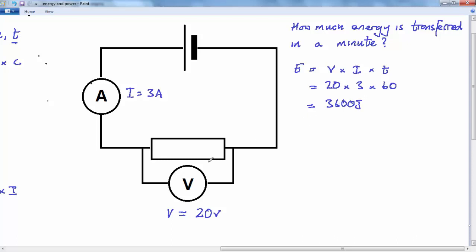Okay, if we want to work out the power consumed by the resistance, that's to say the rate at which energy is being transferred or transformed by this resistor, well, the power is equal to energy divided by time, which is equal to V times I, which is equal to 20 times 3, which is equal to 60 joules per second, or 60 watts.